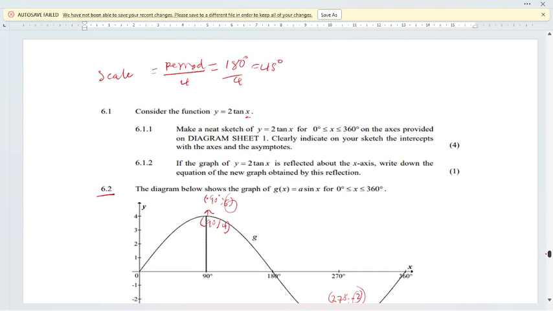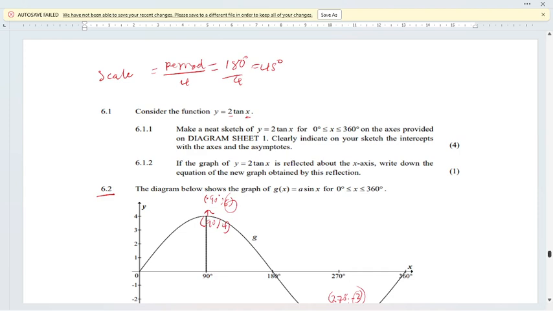Alright, I'll do my calculation in steps of 45. Now, tan x, tan 45. Now, what is it over 1 times what? 2. What will you do? Change the value at 1, you change it to 2.